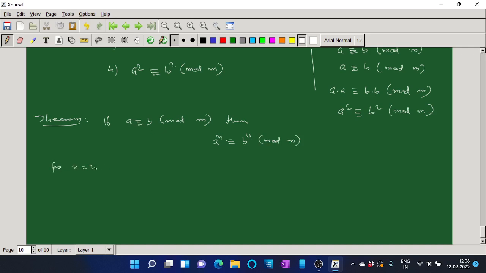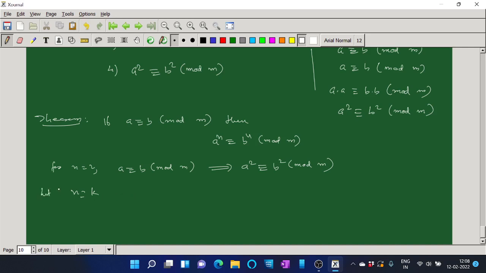For n is equal to 2, we have seen that A is congruent to B modulo M implies A square is congruent to B square mod M. We are proving this by induction. Suppose for n is equal to k, it is true.